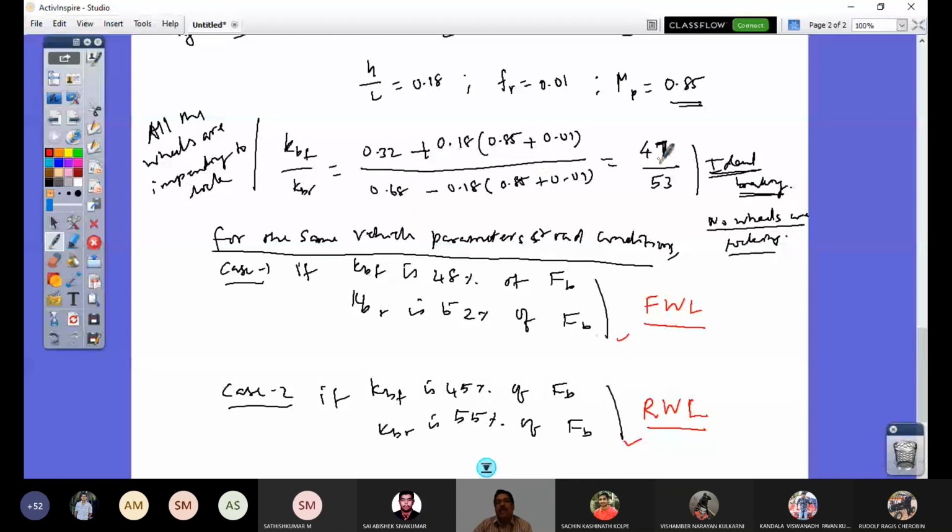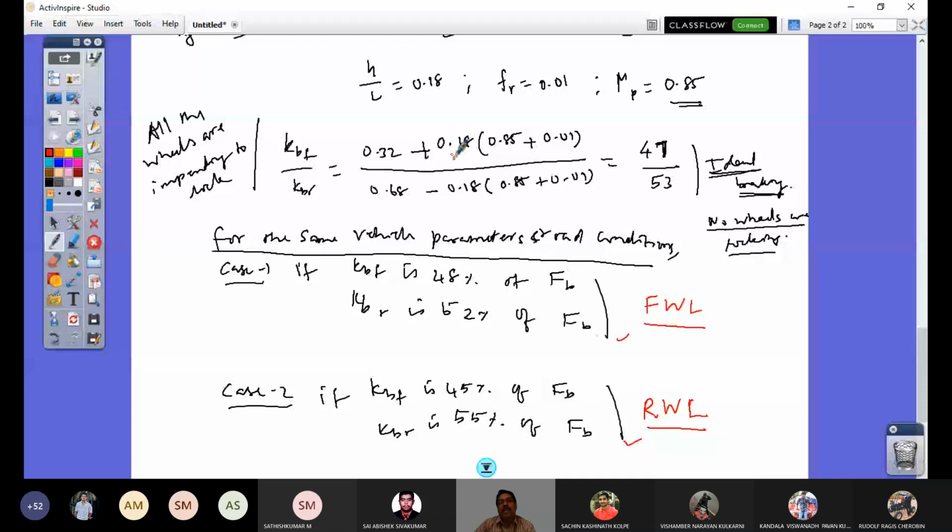See, this 4753 is your requirement for 100% braking efficiency. So you see here 0.18, 0.18, and these all are fixed. That's not changing. So there will be variation over here, 0.32, or this can be changing, because of the migration of your CG along the longitudinal direction.